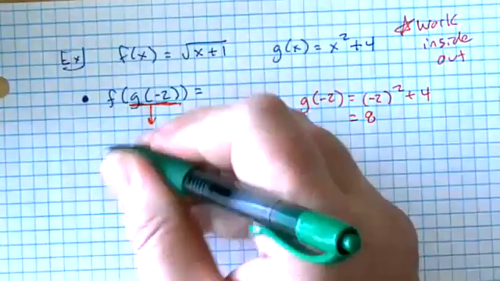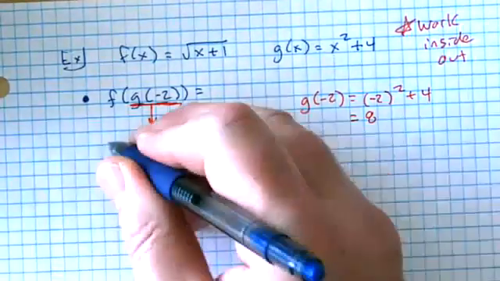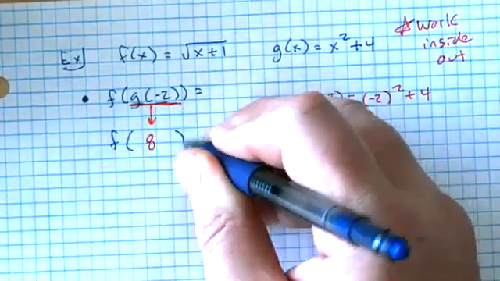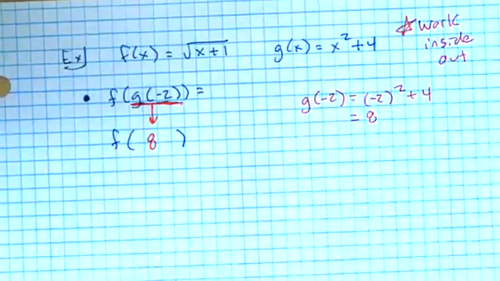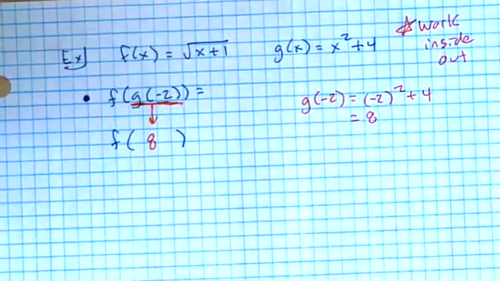So let's replace the g of negative 2 with 8. We're just substituting here. g of negative 2 is 8, so put 8 in place of it. And now we're left with f of 8.